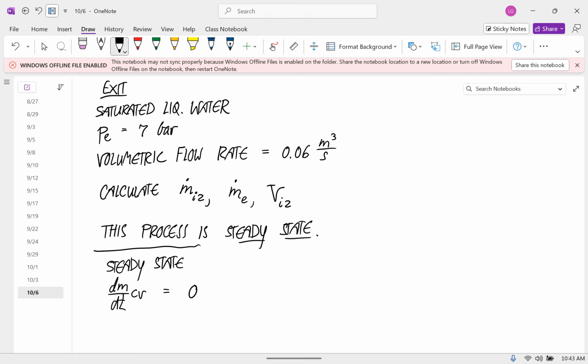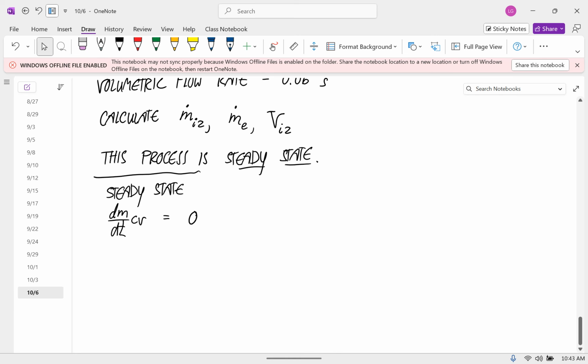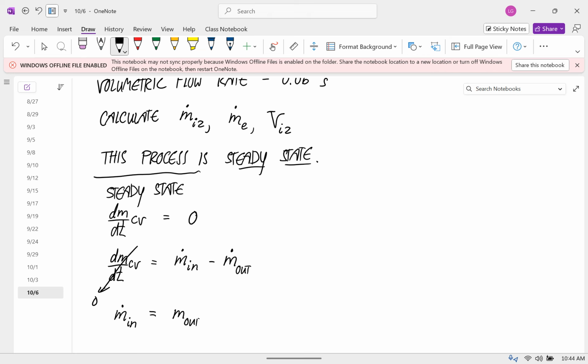Anytime you see steady state with these mass balance things, it just means the equation reduces to, if you start with this, since it's in steady state, this goes to 0. And so what you're left with is just that m_in dot is equal to m_out dot.